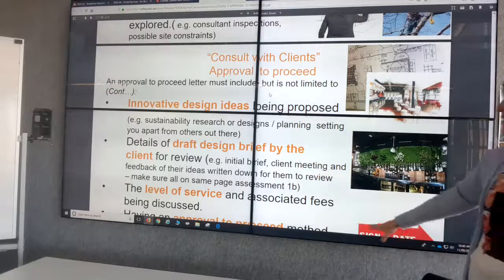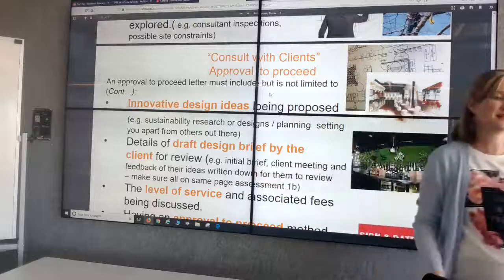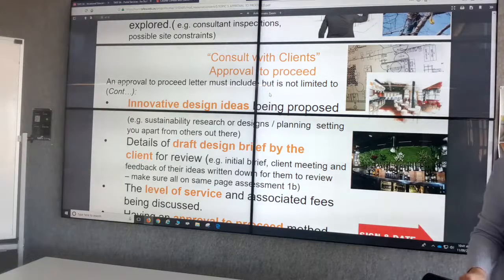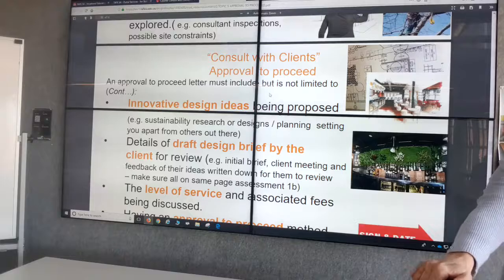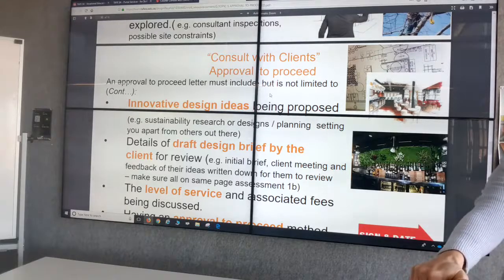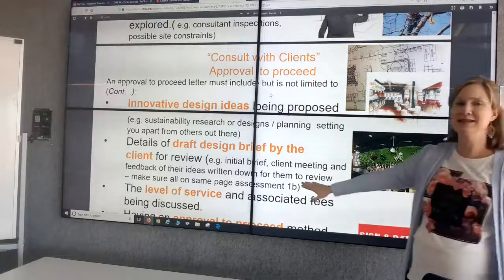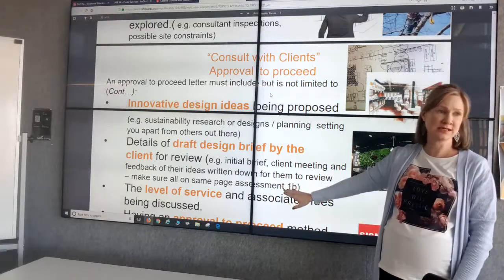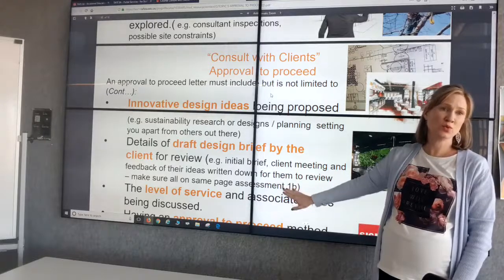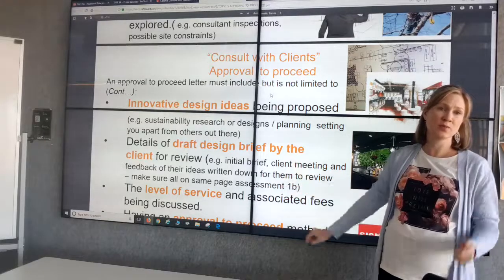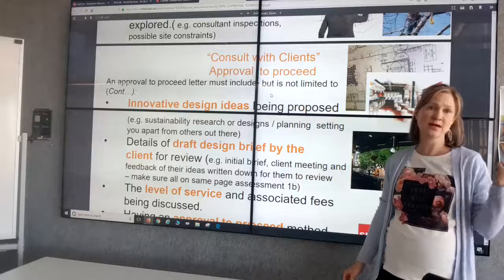And then again, to review what the client initially proposed. And is he or she still on the same page as when they first began? So like Emily said, we want to prevent the scope creep or a living brief happening. Therefore, we need to reiterate this in the approval to proceed letter, saying originally you wanted the bar to become a wine bar cellar.